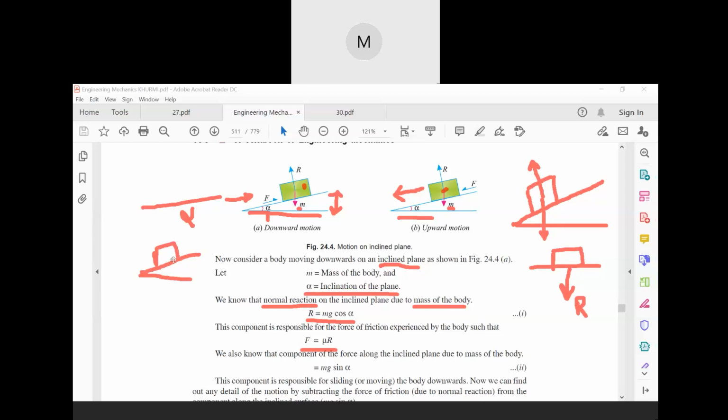So now what happens? M is like this. R is like this. Right. Now if R is like this, then as per Newton's law, there will be an opposing force here.